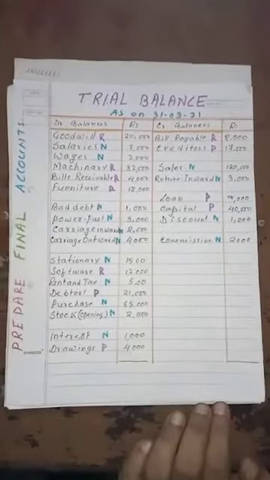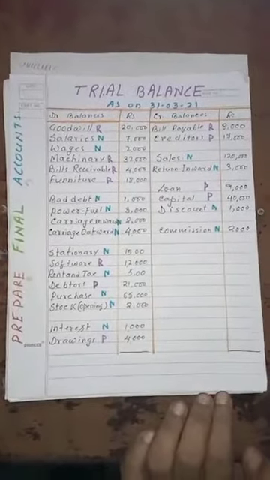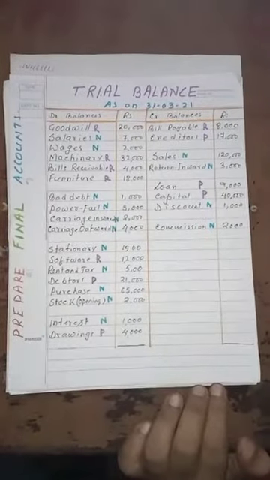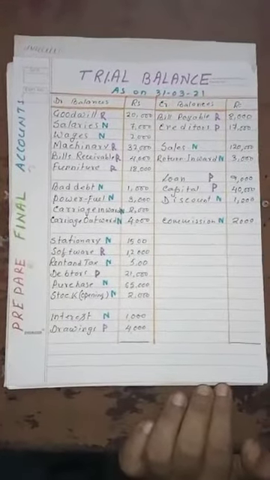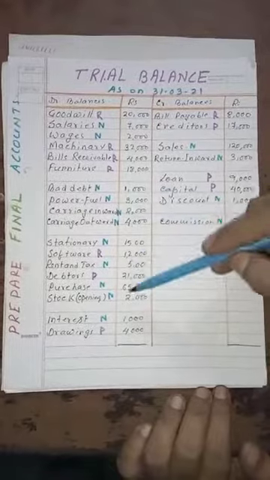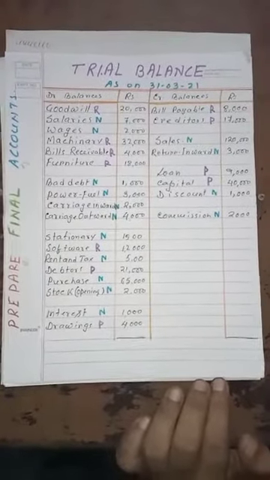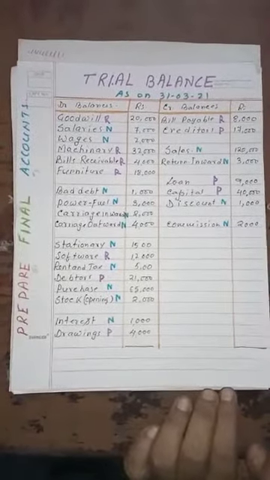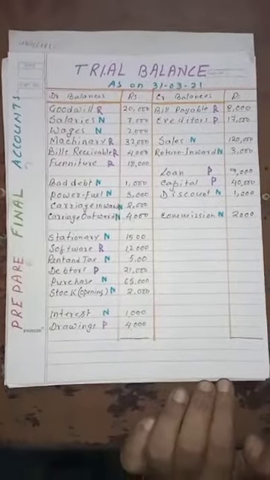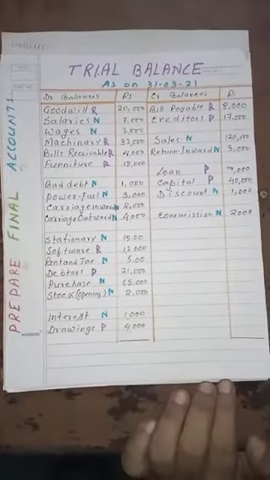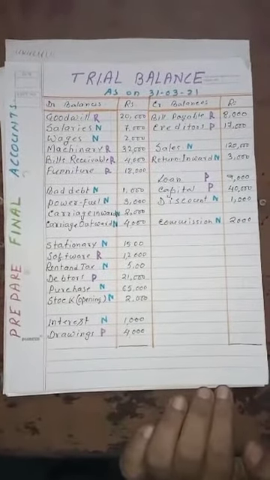We have to prepare trading and profit and loss account. Real and personal accounts are recorded in the balance sheet. The nominal account balances will be recorded either in the trading account or in the profit and loss account. You have to identify which nominal accounts will go to the trading account.